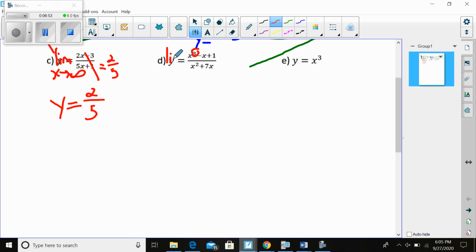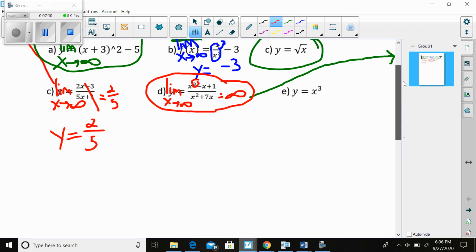So if I take this limit as x approaches infinity, time goes on and on and on, and the number of cookies grows faster than the people showing up to eat the cookies. This limit is infinity. And if I don't get a real number for the limit, then a horizontal asymptote line does not exist. So I would circle this and say this also does not have a horizontal asymptote line.